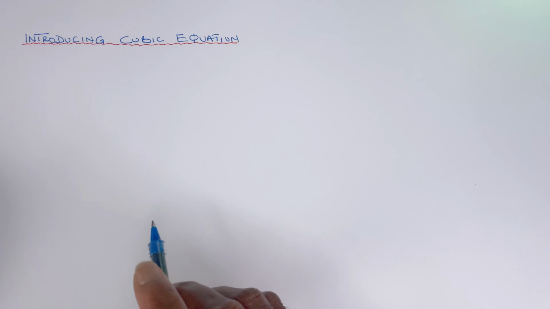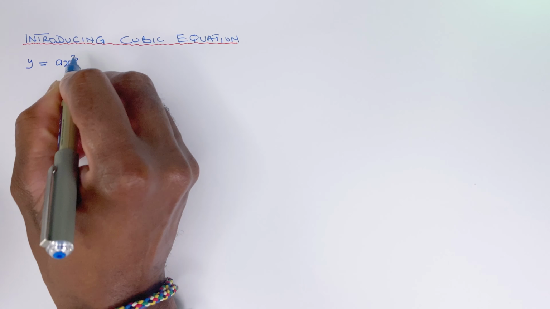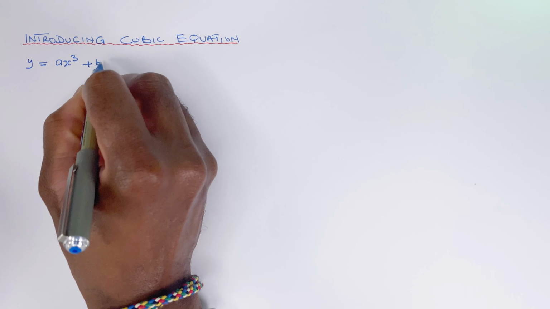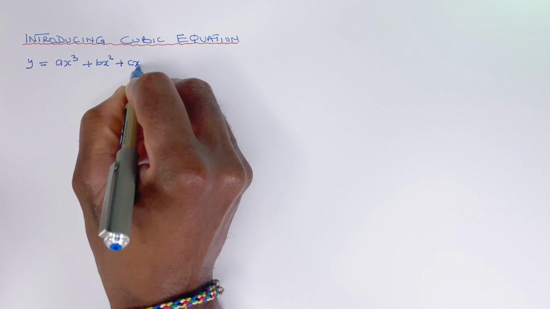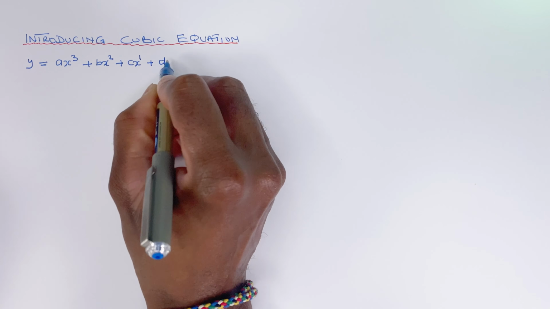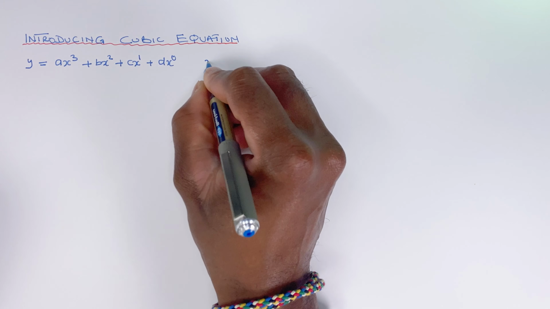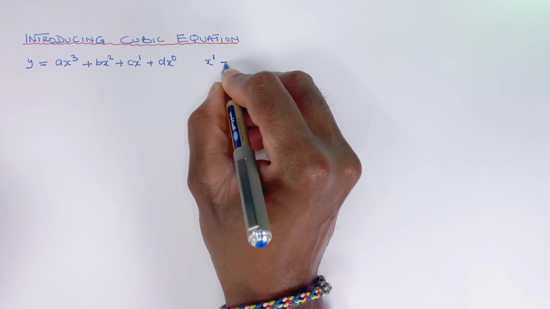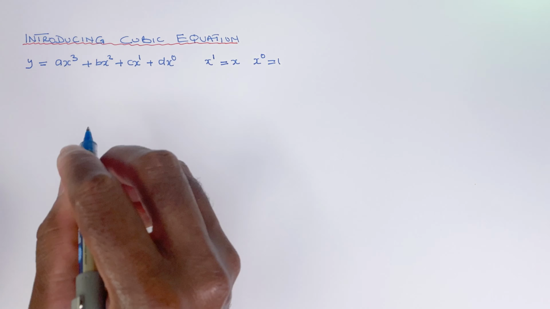Introducing cubic equation. The general cubic equation is ax cubed plus bx squared plus cx to power 1 plus dx to power 0, where x to power 1 equals x, and x to power 0 equals 1.